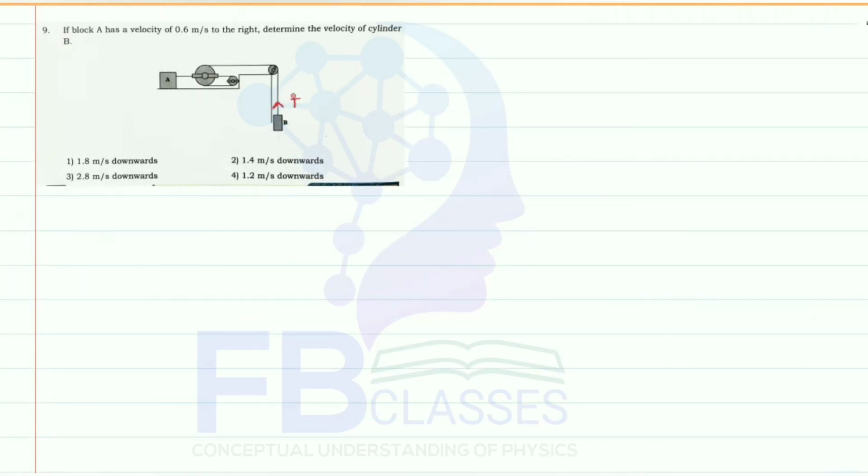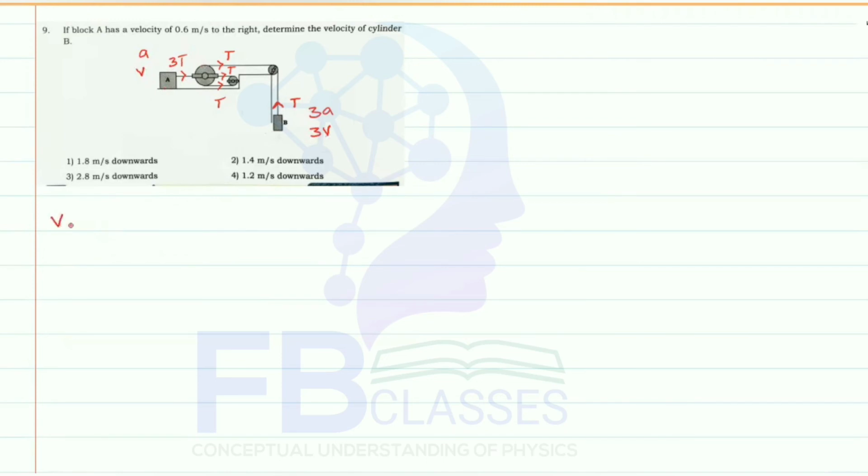This is T, here also T, this is also T, because one string, one tension. So throughout the string it is T. So here T plus T plus T becomes 3T. Yes or no? Now I consider the 3T acceleration A, then T acceleration becomes 3A. Velocities V and this side is 3V.